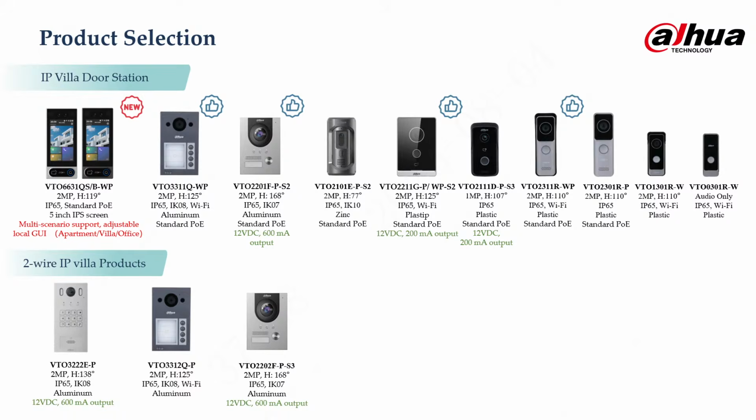This is a unique VTO since it has a skin with 4 buttons, and also a skin with 2 buttons and 1 button. So in the box you can find the 2 and 1 button skins also, and you can choose which skin to install based on your needs. So this VTO can serve, let's say, small apartments up to 4 flats.